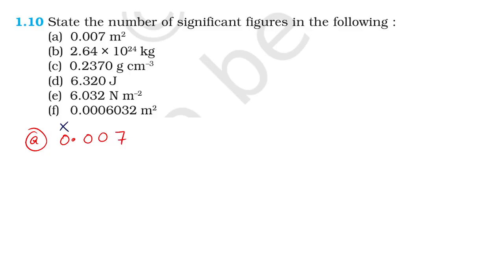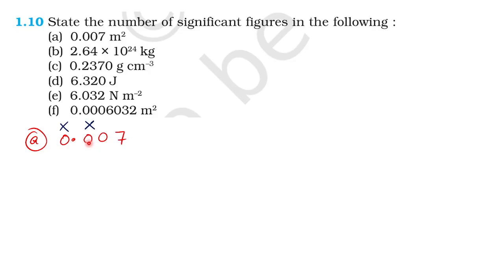We will not look at the point. The next 0 is also not significant. Is it a middle 0? No. On the left side of this 0, it is 0. It is not between two non-zero digits.